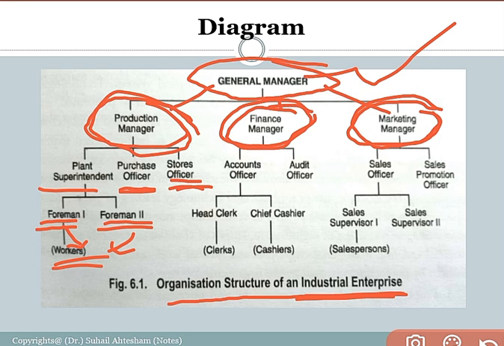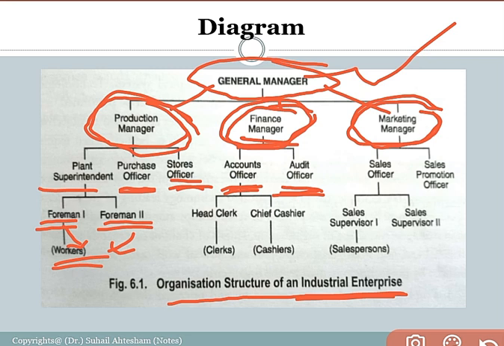Coming towards the next subsystem, that is the finance manager, the finance department, which is related to liquidity and the financial matters of the organization, right? Under the finance manager, there are two subordinates: accounts officer and audit officer. The audit officer is related to maintaining the financial records of the organization, and the accounts officer is related to providing the funds in the organization, right?